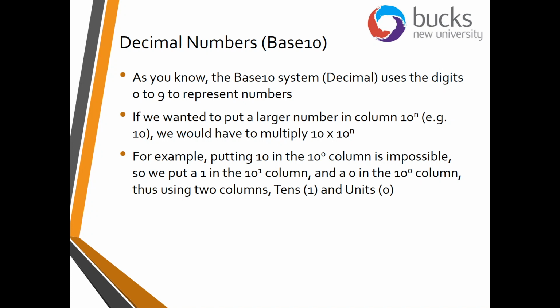So we put a 1 in the 10 to the 1 column and a 0 in the 10 to the 0 column, thus using two columns, tens and units. So in the tens we have 1, in units we have 0, and we're now representing 10, but still only using the digits 0 to 9.